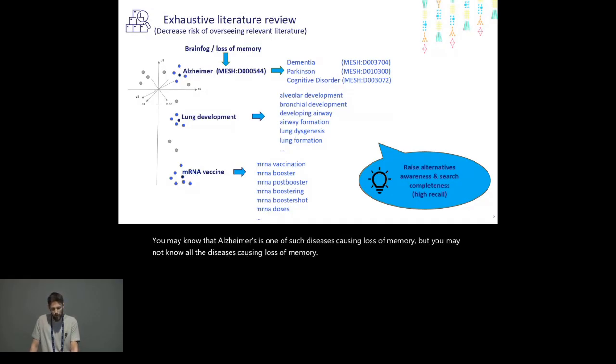So by embedding the ontological identifier of Alzheimer's into the CSpace, you may look at the neighborhood and see all the related and similar ontological identifiers in the space and find dementia, Parkinson, cognitive disorders, and others.